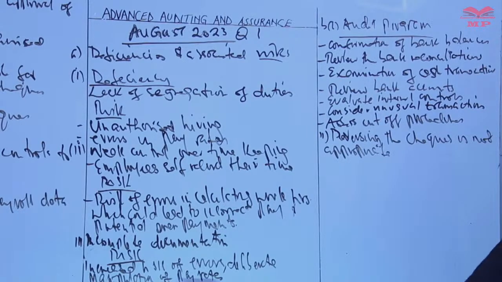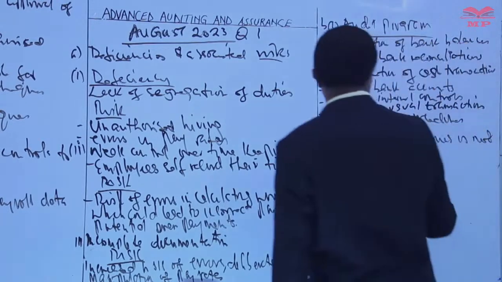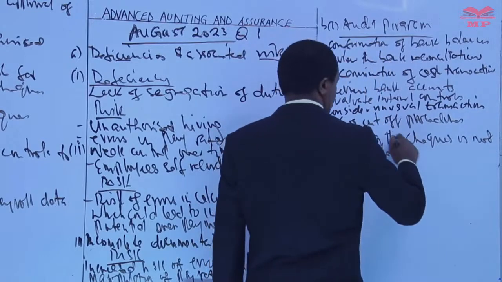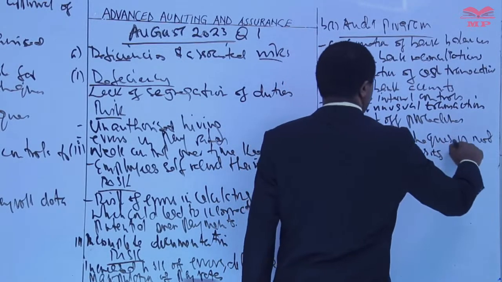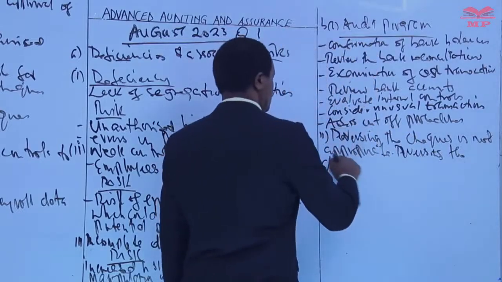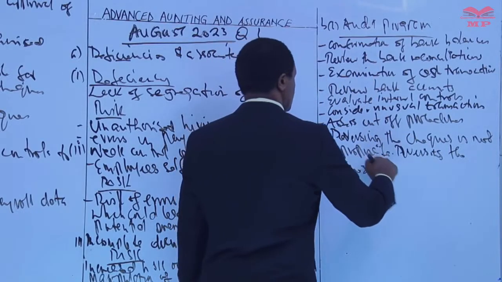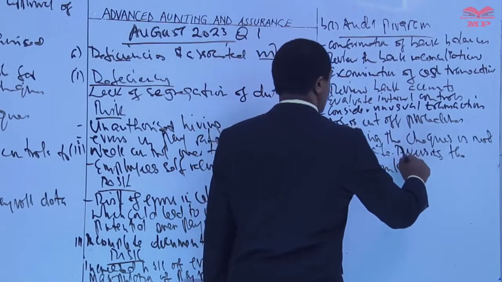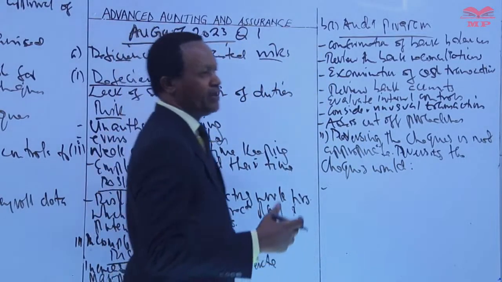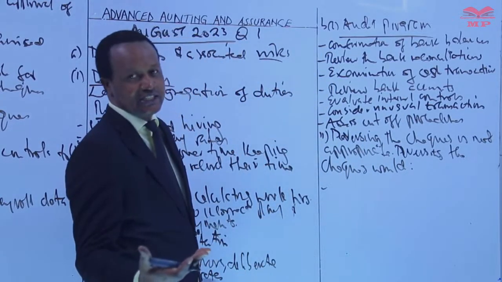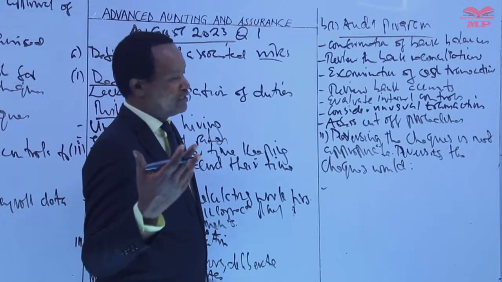So reversing the checks would misstate the financial position. The reason is reversing the checks would give a misleading, okay?